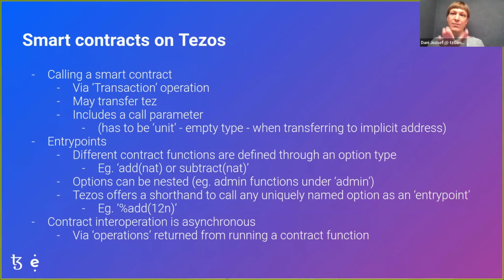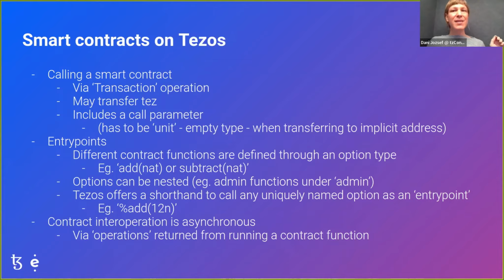So your code flow just goes, and then you say, oh, I need a balance from this other contract, and you call it, and your code will just continue on from there. Not on Tezos. On Tezos, first your whole code runs, and then it can return this group of operations, this list of operations that I mentioned before. And these operations are things that you want to happen after your code has run. And these may include contract calls.